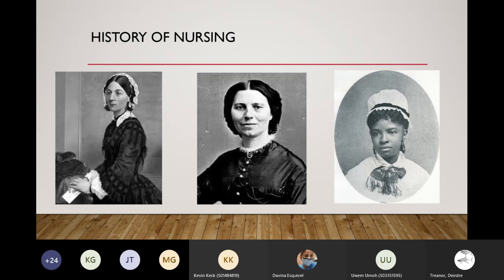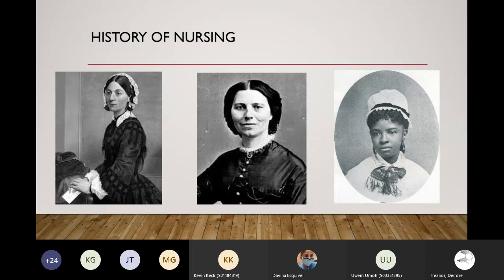And Mother Bickerdike actually walked abandoned battlefields looking for wounded. On the right hand side, the African American lady is Miss Mary Mahoney. She was the first professionally trained African American nurse. And nursing within communities did not expand until 1893.